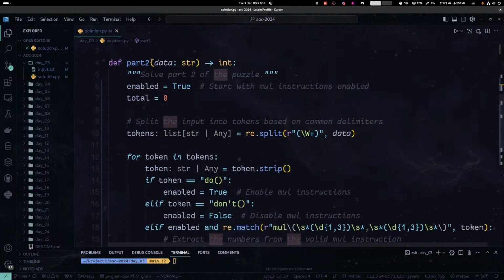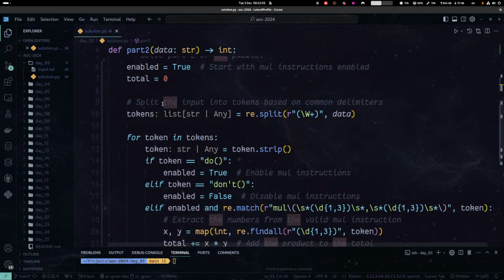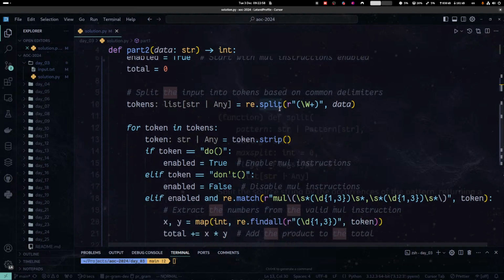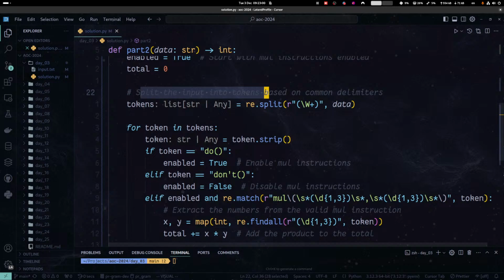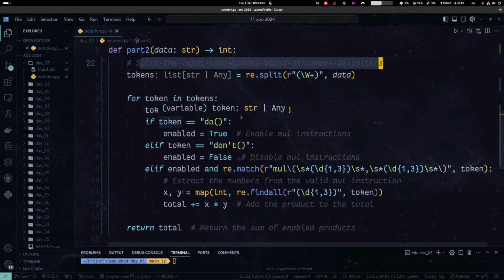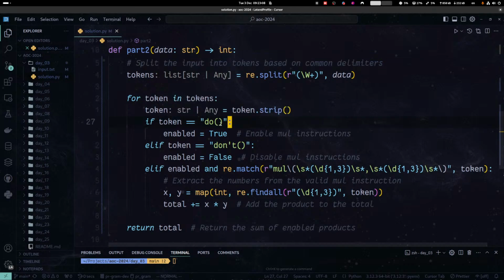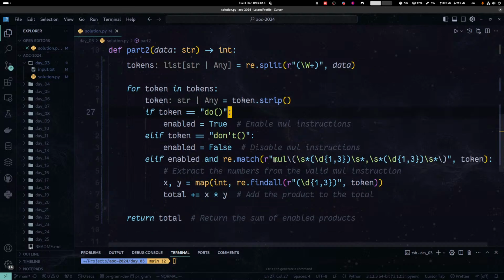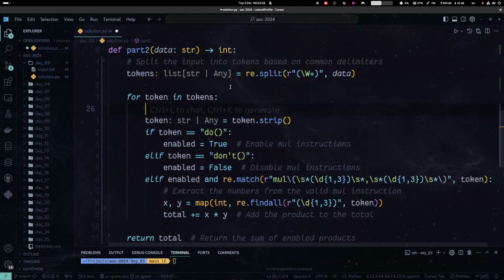So it was part 2, enabled true by default. Total tokens, split the input into token based delimiters, for tokens, if token do. Oh really, does it work like that? If enabled token, I wonder what these tokens are.